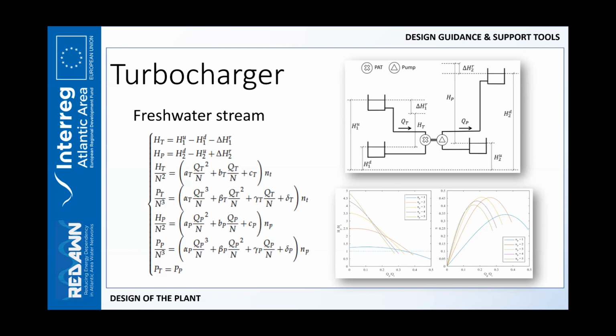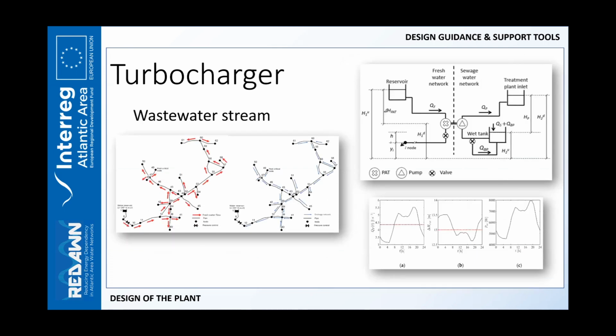And if you can recover them easily for a pump, it can be a very hard work for a pump working in turbine mode. Here you can see the same turbocharger used in a wastewater stream, not in a freshwater stream.